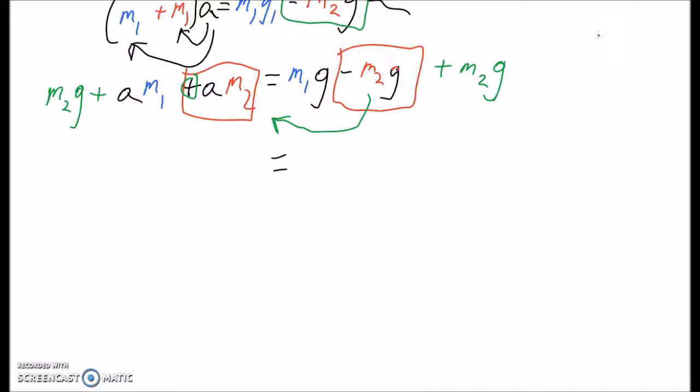Now we're going to write it back out again so that we can see how our equation is looking. m2g plus a m1. I'm going to stop writing the m1s because we already know what it is from our question up above.